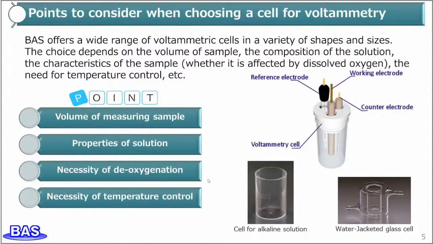Is the solution acidic or alkaline? Does it need to be deoxygenated? Is it necessary to control the measurement temperature? Be aware of these points when selecting the voltammetric cell.